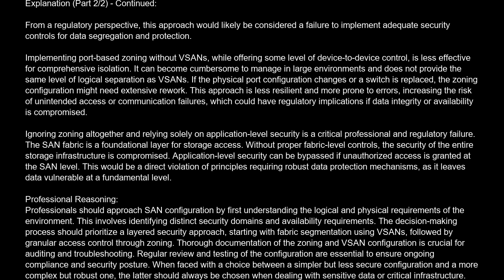Thorough documentation of the zoning and vSAN configuration is crucial for auditing and troubleshooting. Regular review and testing of the configuration are essential to ensure ongoing compliance and security posture. When faced with a choice between a simpler but less secure configuration and a more complex but robust one, the latter should always be chosen when dealing with sensitive data or critical infrastructure.